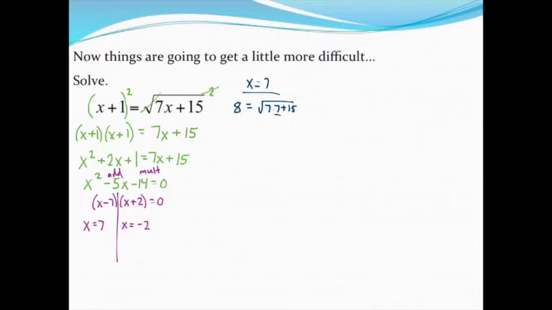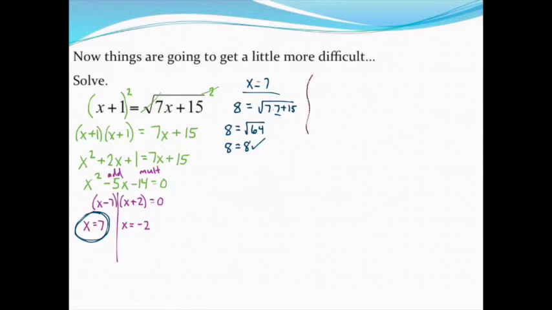Remember, x is 7. So 7 times 7 is 49, and adding 49 and 15 gets me 64. And of course, the square root of 64 is equal to 8. So yeah, 7 checks out. I get the same answer on both sides. So let me go back to my work and circle 7. It definitely checks out.